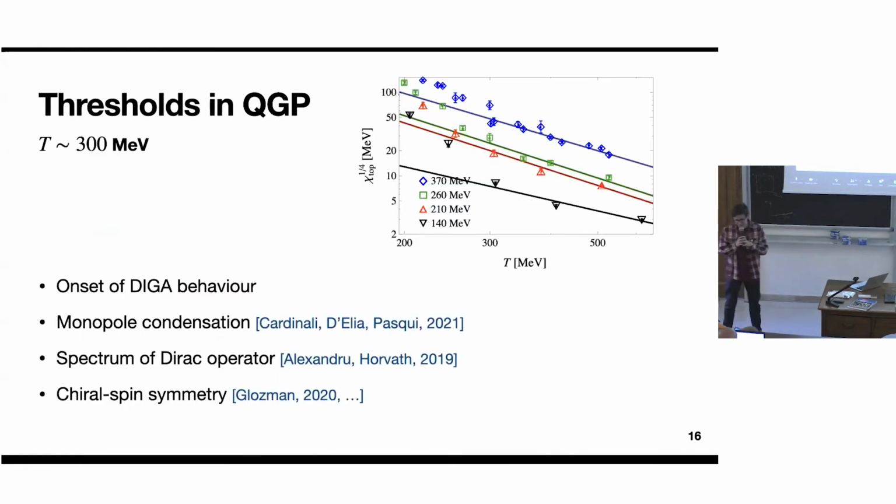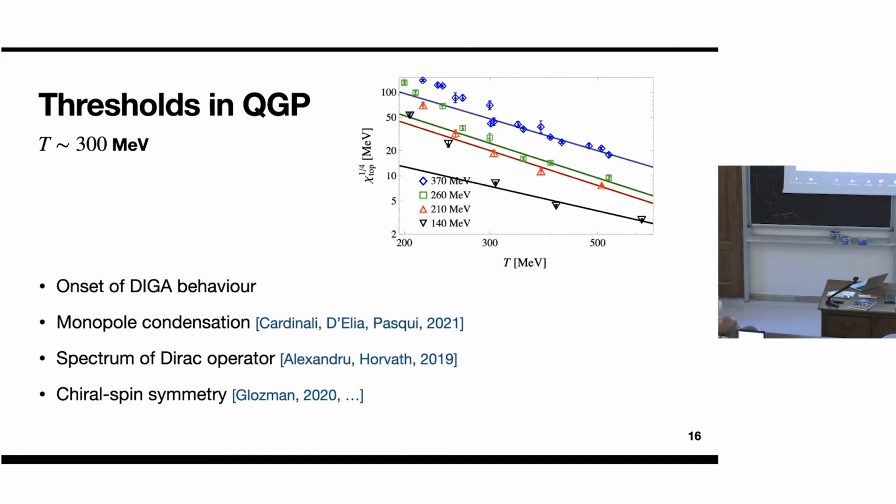It's kind of interesting that there are actually a lot of indications that quark gluon plasma contains some thresholds. First of all, if we look at the topological susceptibility, then the first preliminary results also showed that at 300 MeV there is a change of trends, and it's the onset of dilute instanton gas behavior.